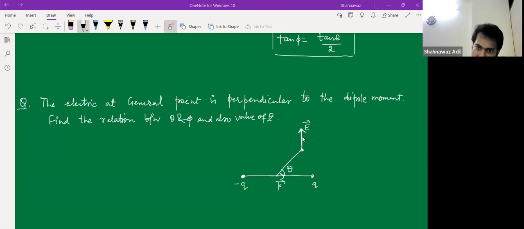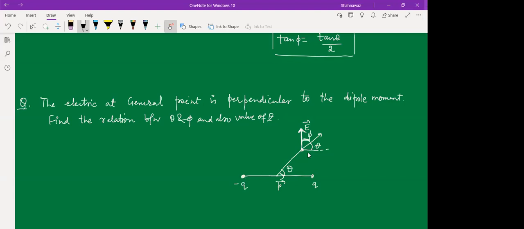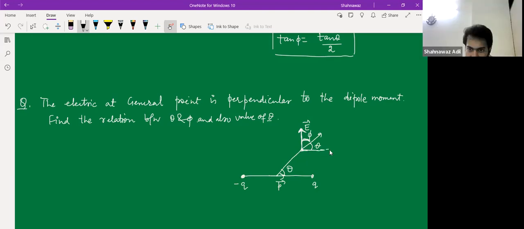So this is the electric field, right? And this is theta, and this is phi. Right, Chavez, am I correct? By looking into this diagram, you can see that phi plus theta is how much?